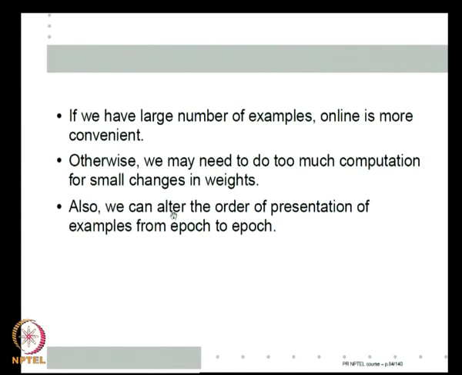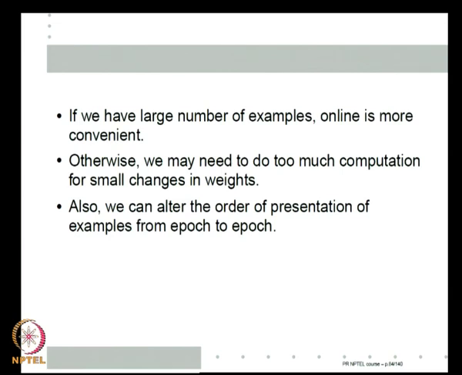Another is, when I do online, unlike batch, I can possibly use some stochastic, some kind of randomization techniques to try to get to better local minima. This is a gradient descent, so you need all kinds of tricks to get good minima. So, for example, from epoch to epoch, I do not have to present all my examples in the same order.